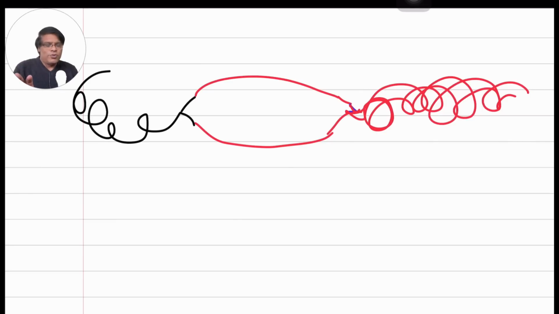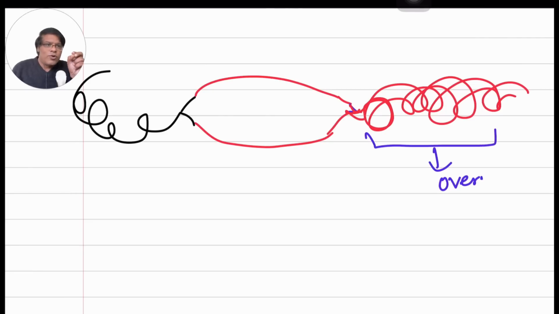Now I just want to tell you one classical example. During DNA replication, the two strands of DNA separate, and this role is done by the enzyme DNA helicase. Here you are going to see the formation of the replication fork. Ahead of the replication fork, you are going to see the compaction of DNA.